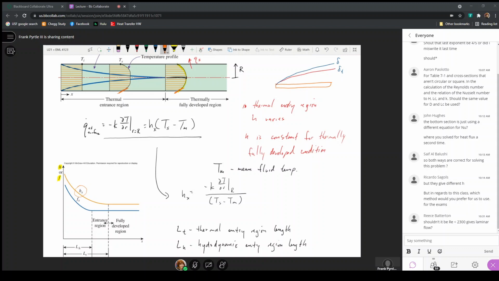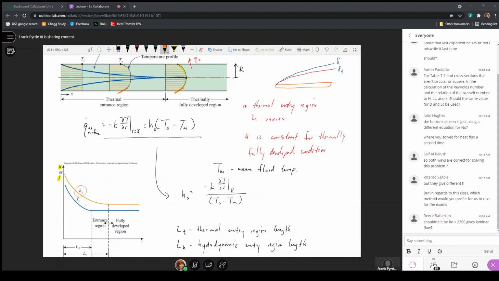So we can write these expressions for the heat transfer coefficient variation, and consider how we should go about determining the average value of the heat transfer coefficient over the entire length of the plate, or rather the entire length of the pipe, since we're working with internal flows now.